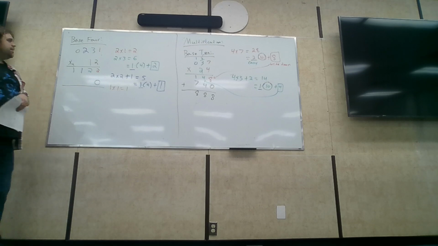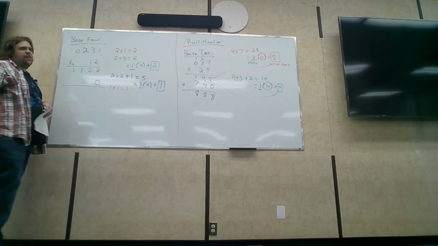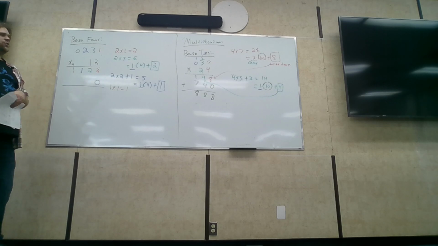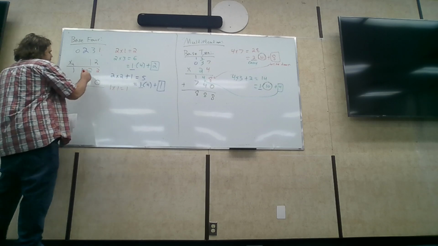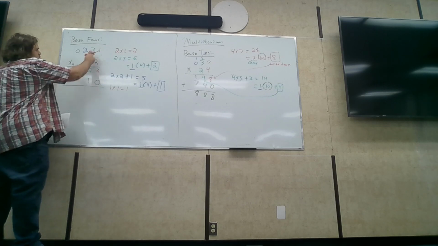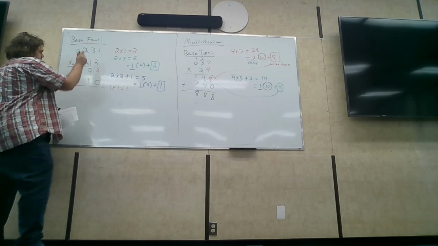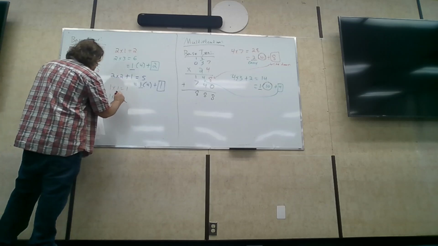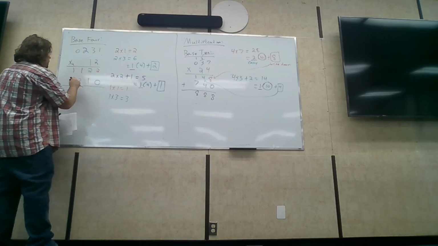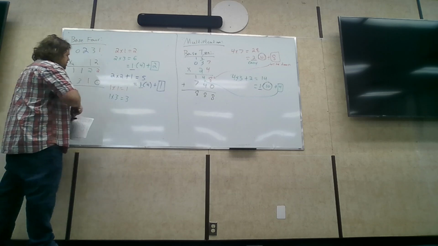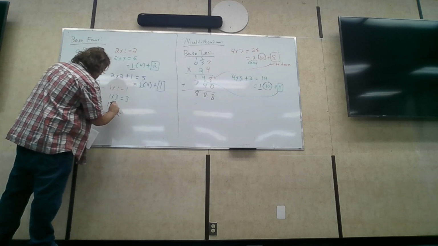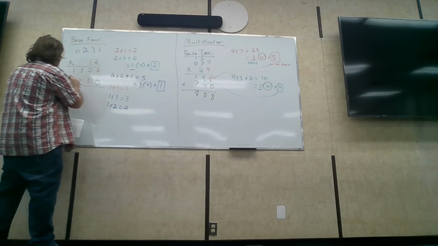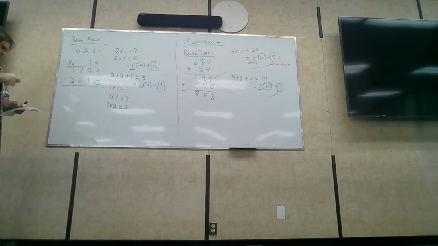I tend to forget to do it until I have to make a carry, and then I'm like, oh wait, I left those there, and then I cross them out. But in any case, we're going to write down 1 because we just did 1 times 1. 1 times 3 is 3. And then 1 times 2 is 2. So we write down a 2. All right. Now we're almost home free on this algorithm.